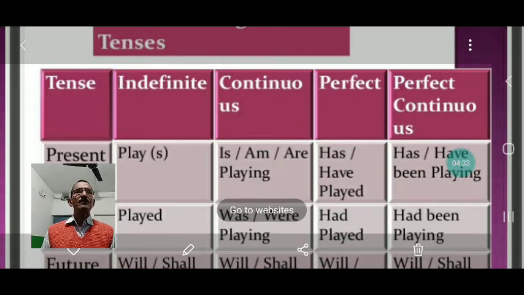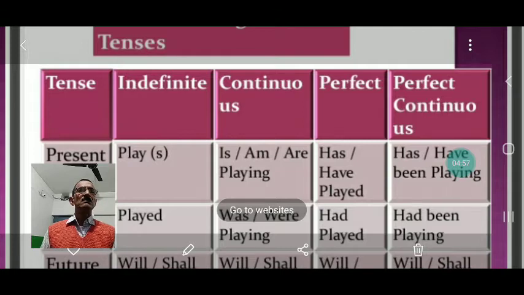If it is perfect tense, in that tense we just use has or have plus V3, that is played. So here you can say third person singular number, he, she has played, or I have played, we have played, they have played, like that.